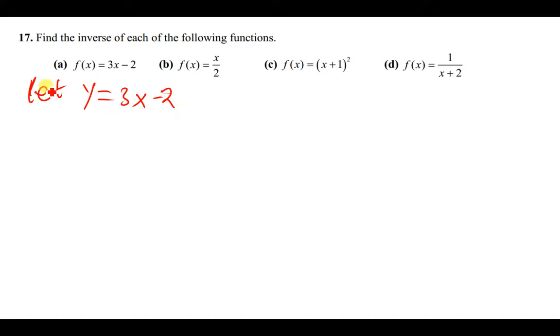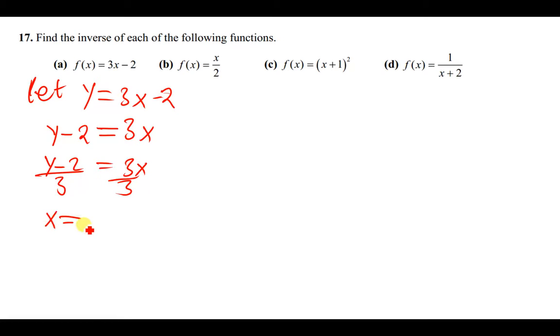We'll first start by taking this -2 to the other side of the equal sign, and then we're going to remain with this. From there we're going to divide both sides of the equal sign by 3. So we have y minus 2 is equal to 3x. We divide by 3, divide by 3.